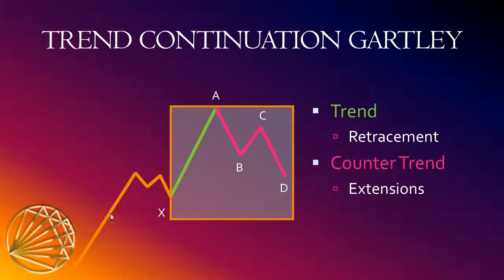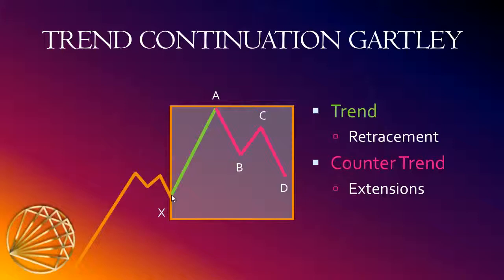So look at this. This would be an example of a trend continuation Gartley, because rather than the trend coming down and reversing at a significant low here at X, most people would just say, well, as long as there's some sort of corrective look prior to the X leg, doesn't matter if it's trend reversal, trend continuation. As long as I get what's inside the square, I'm good to go.